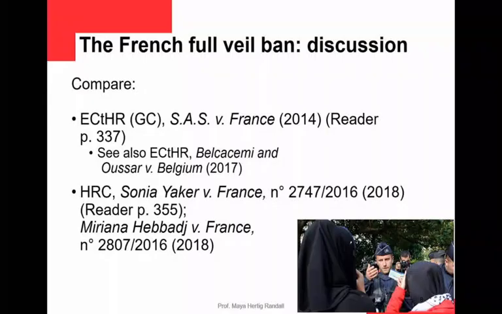Or you could say we accept that this is a clothing which does reflect this idea women have to be hidden away, etc. But we may have doubts that the measure will be useful. Find other measures. Go and target the people who compel them, etc. Don't target necessarily the victims. So that was the argument on gender equality.